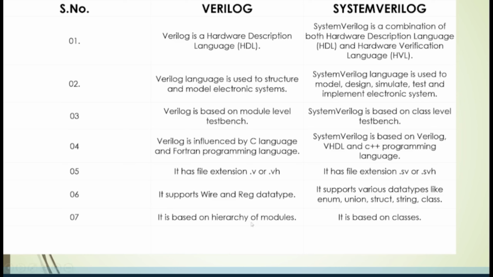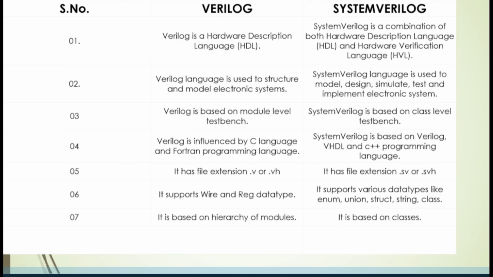Okay, Verilog is based on a hierarchy of modules. When you are using modules, you have a parent module and a submodule. Whatever you write in Verilog, you should be writing within the modules, but SystemVerilog is based on classes.